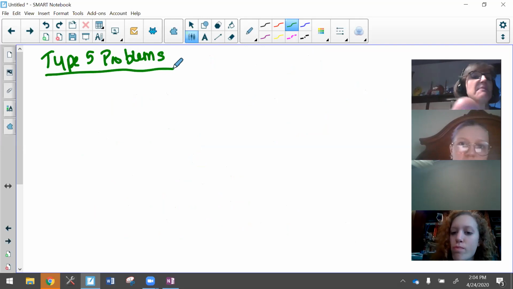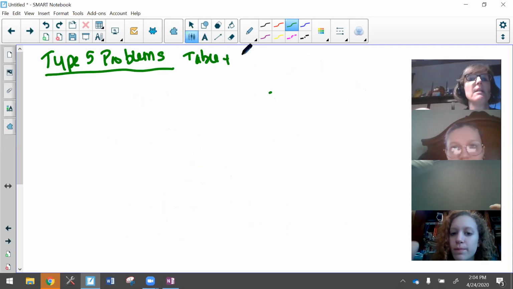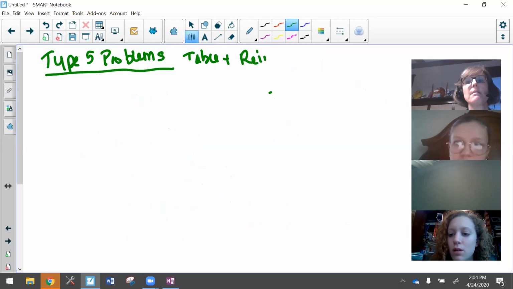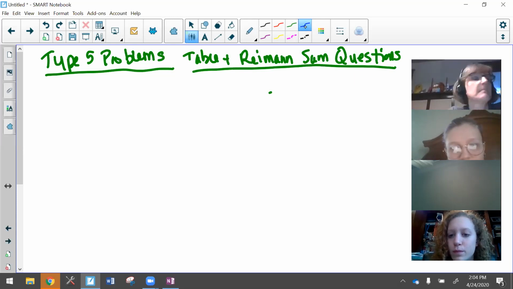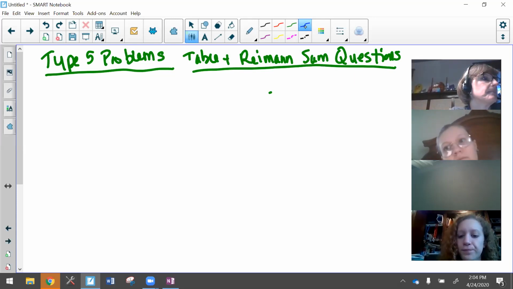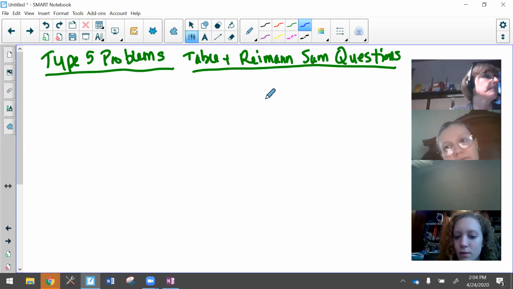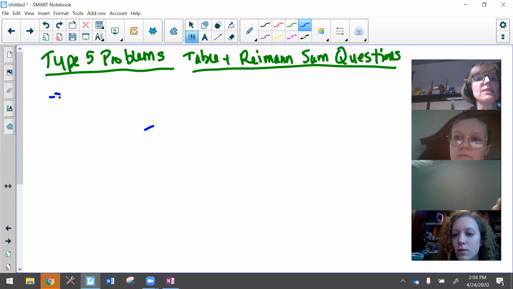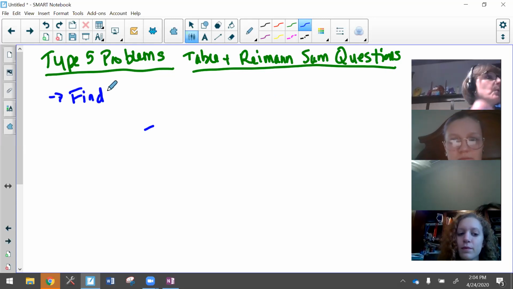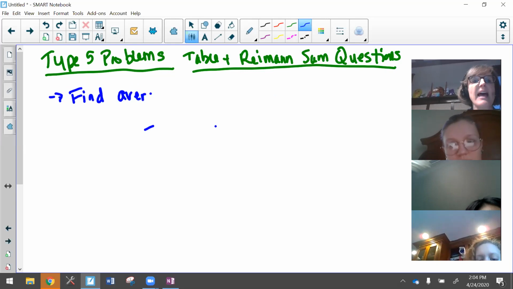Okay, so type 5 problems are table and Riemann sum questions. Some of the things that you're asked to do is to maybe find the average rate of change over an interval.